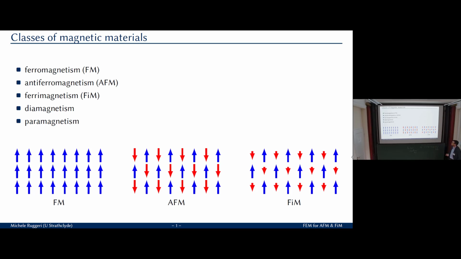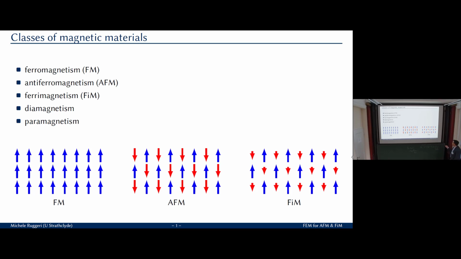And then we all know that you can have, say, ferromagnets, in which neighboring magnetic moments want to be parallel to each other. Then you have antiferromagnets. This is the picture in which neighboring spins would like to be anti-parallel to each other, and they are equal to each other. And then the net magnetization is, say, 0 in the ideal case.